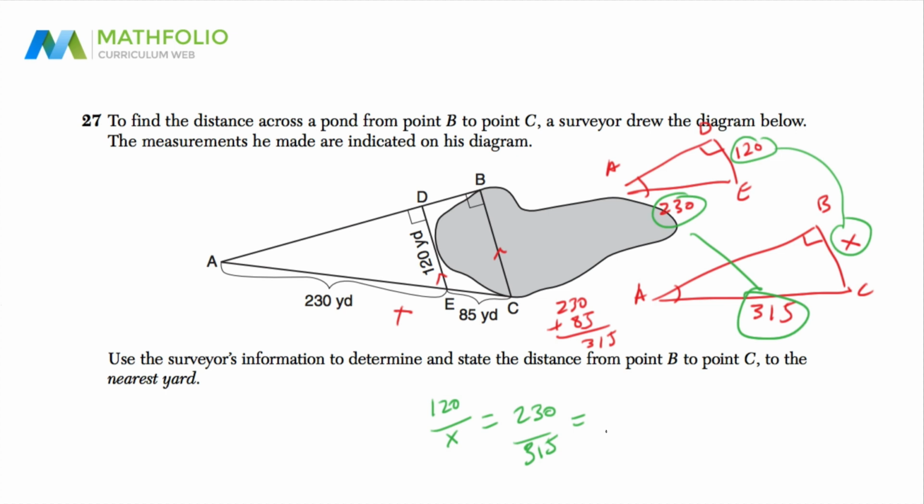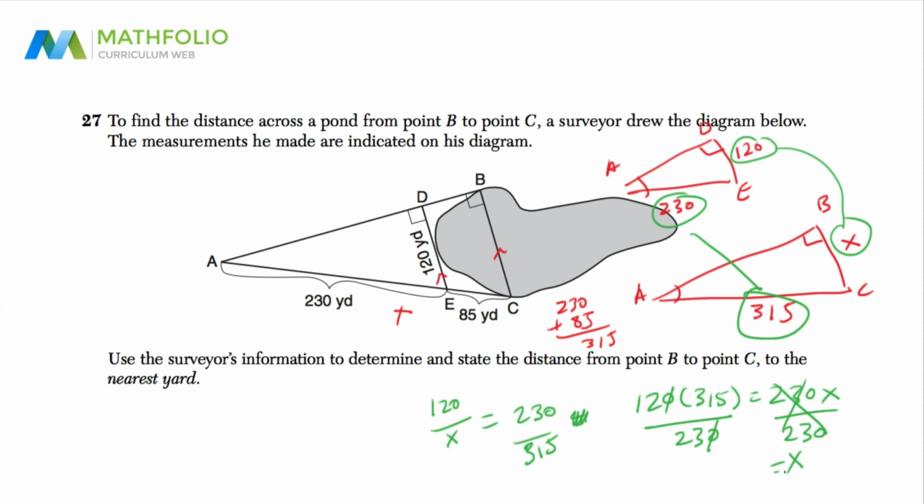Now to find X, we cross multiply. So actually, let me get rid of those. So I got 120 times 315 equals 230 X, divide both by 230. Now these 230s cancel. We could also cancel the two zeros here. That might be useful. So now I'm going to plug this into my calculator.